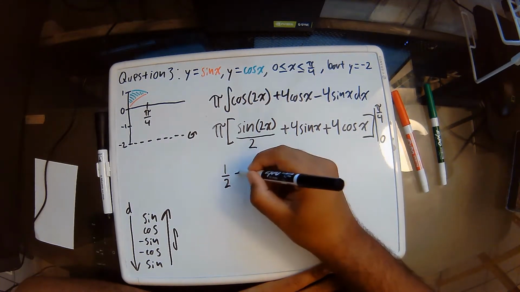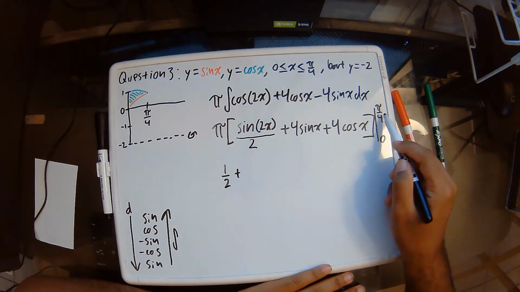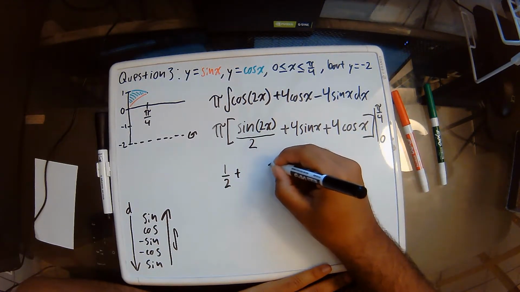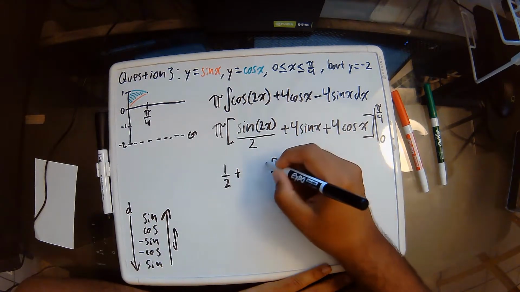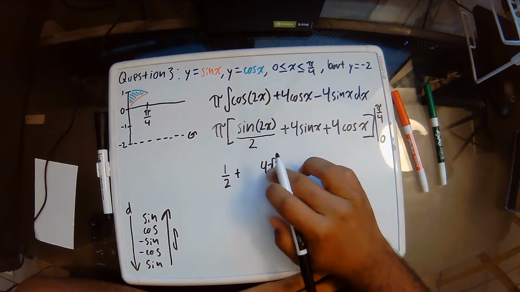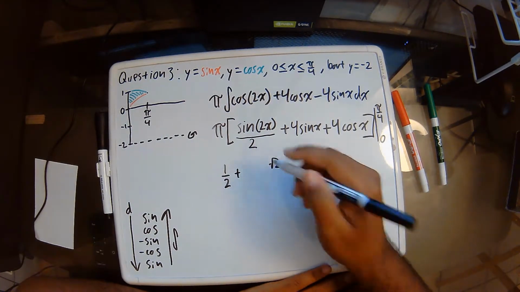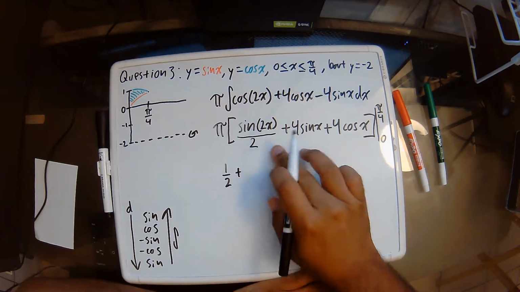We're adding next. Sine of pi over 4 is root 2 over 2. It is being multiplied by 4. That means that we can cancel this, simplify this into 2 root 2. I'm going to move this over.